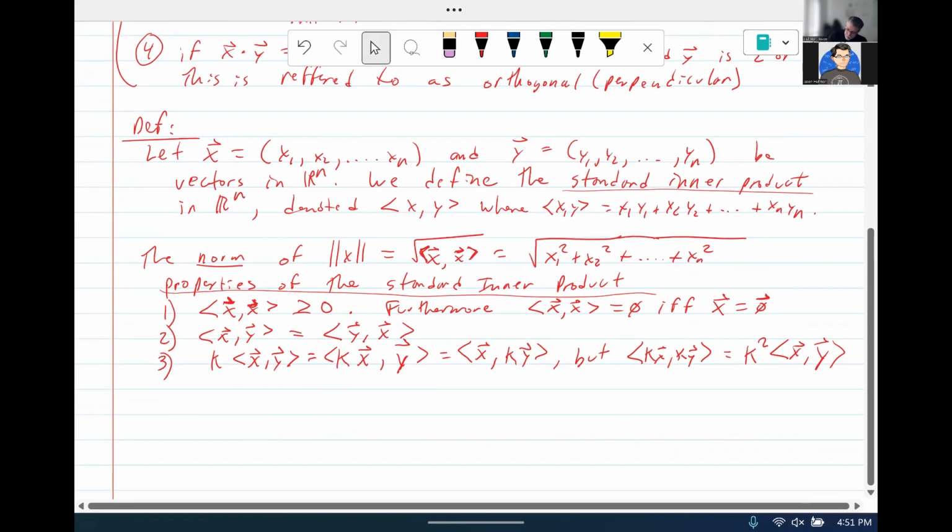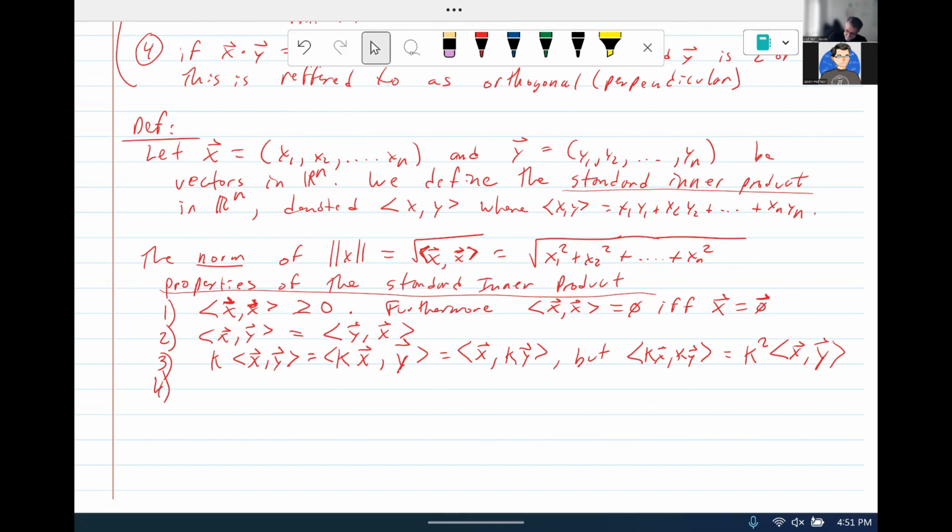Okay, and then number 4. The inner product of x plus y and then z is equal to the inner product of x and z plus the inner product of y and z.